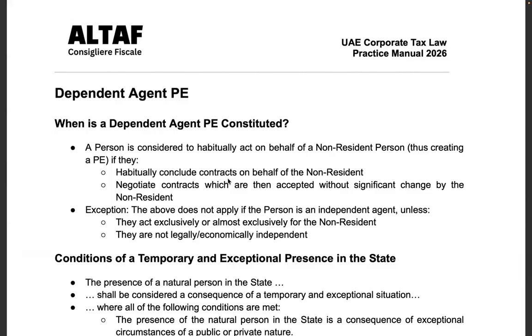So I habitually concluded contracts; I was the managing partner doing everything on behalf of the non-resident person. First condition met? Yes. Second condition: I negotiated with the client, and whatever I decided was accepted without significant change by the head office in Dubai. Both conditions are met. What was I? I was a dependent agent permanent establishment for the Dubai company, without having any legal entity in Oman. Understood?